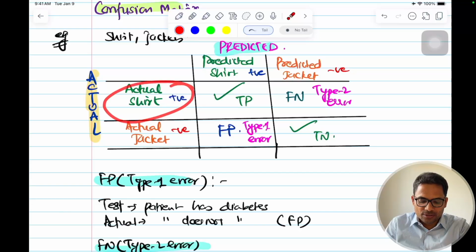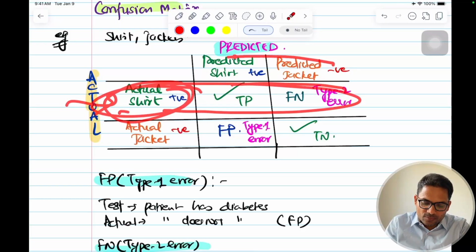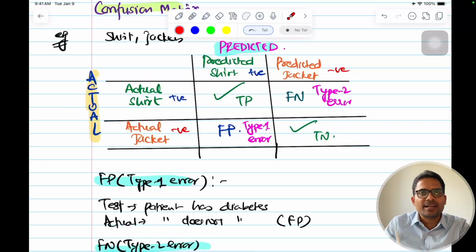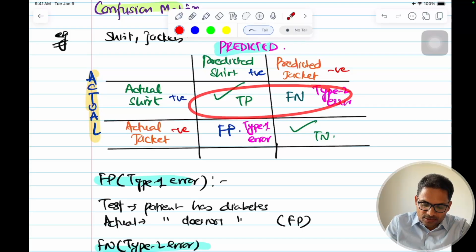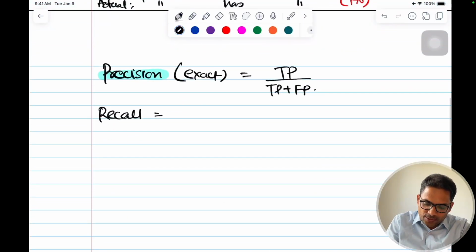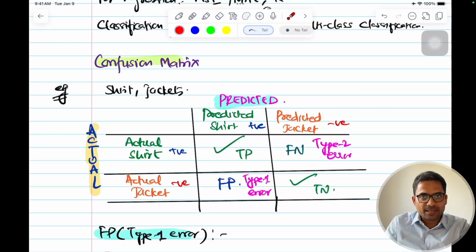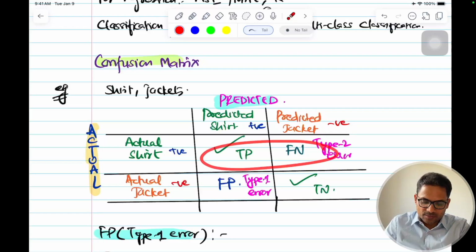Of all the shirt images that I had, how many was the model able to correctly identify as shirt? So this will be true positive divided by true positive plus false negative. Some shirts were not identified as shirts, so I include these now.